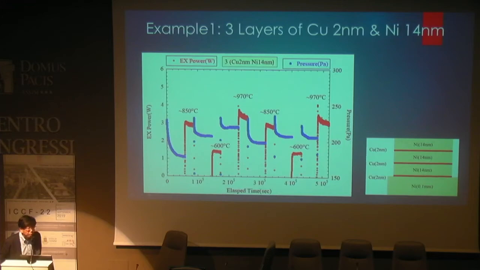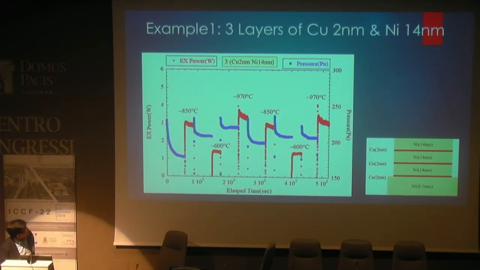Okay, so I will show you 4 examples as an excess heat generation case. This one is the first one. In this case, we use 3 layers of copper at 2 nanometers and nickel 14 nanometers, combined 3 layers on the nickel bulk.